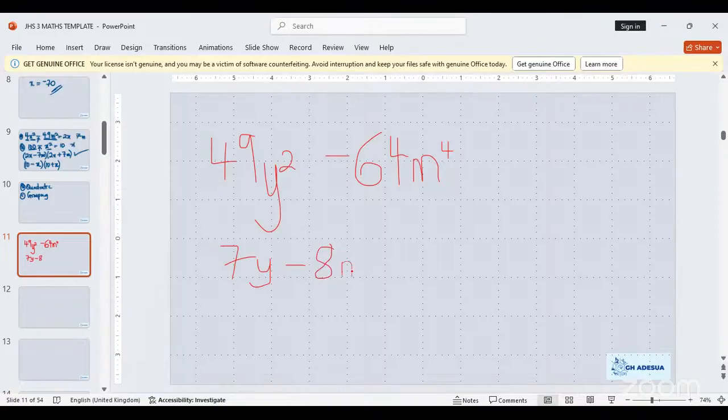Good. You get bracket open 7y plus 8m squared bracket. This will be in one bracket, right? Yes. And then another bracket with the same content, 7y minus 8m squared. So it is the same values, but the only difference is the sign. Is that okay? Yes, sir. Okay, right. Thank you very much.